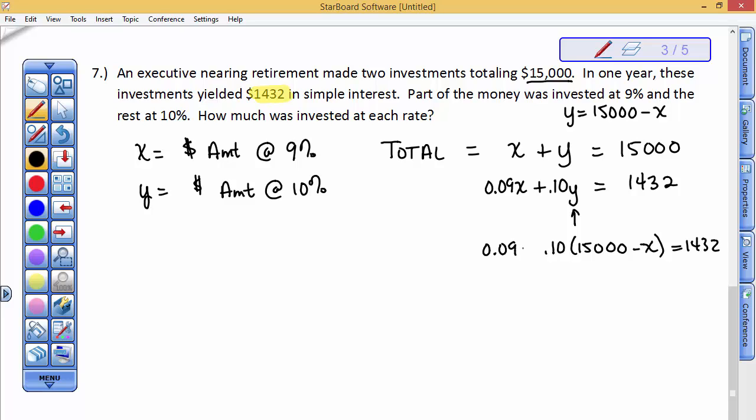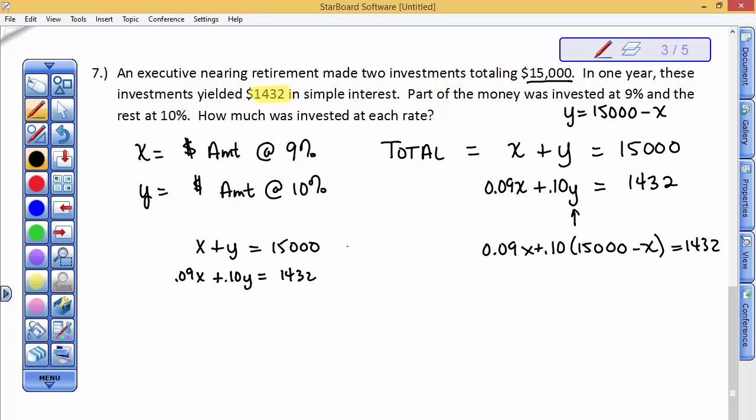That's option number 1. Option number 2, heck, here's your system. Multiply the top equation by 0.10 because it's easy to multiply by 0.10 versus 0.09. So that would allow you to do elimination.